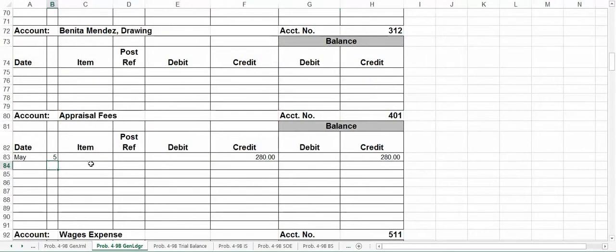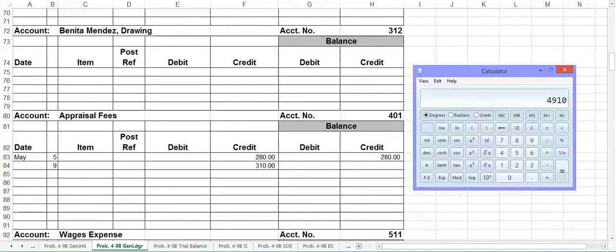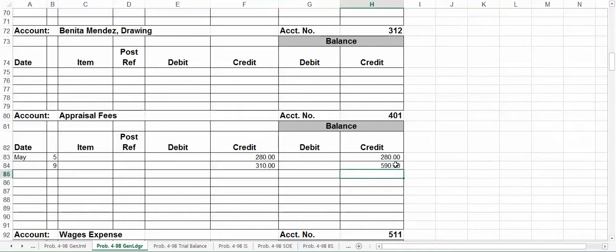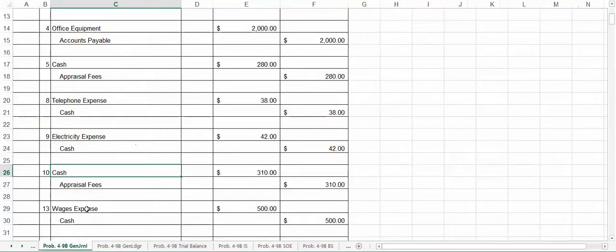This can be a little time consuming, I know that. So that should be $590. Okay, and then again, we're going to keep a running balance in all accounts, which means we're just going to total as we go to make sure we keep the balance amounts.